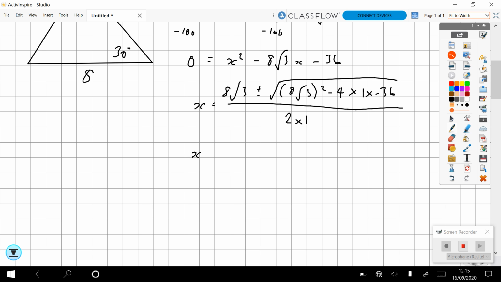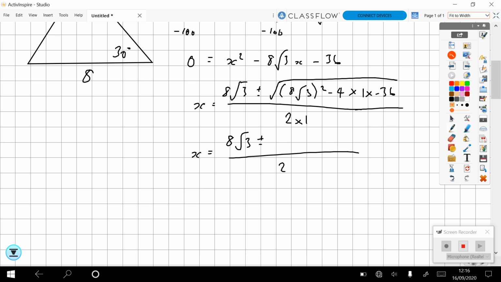x therefore equals 8 root 3 plus or minus something all over 2. Reach for my calculator. 8 root 3 all squared makes 192. Minus 4 times negative 36.